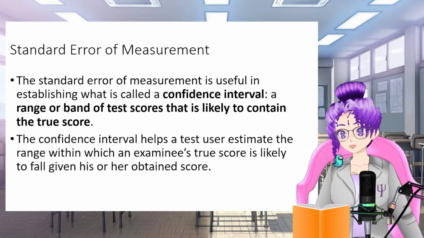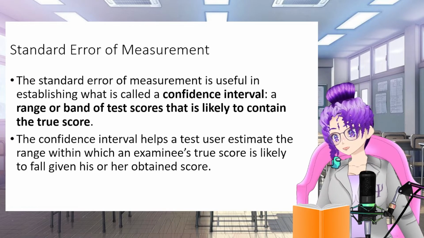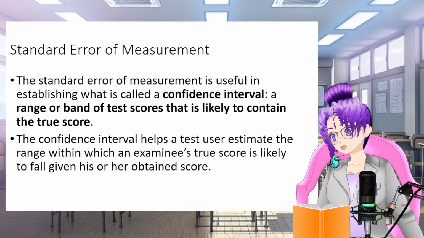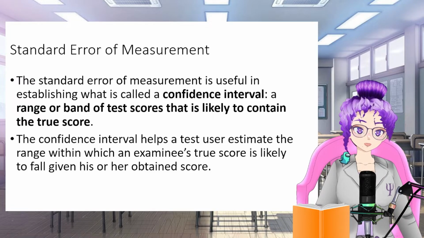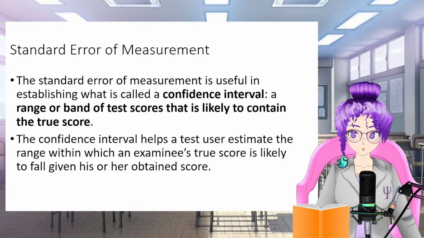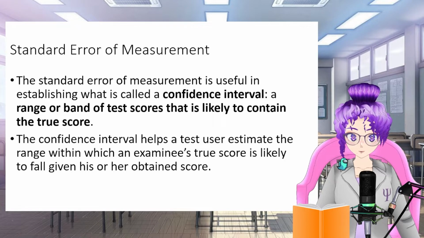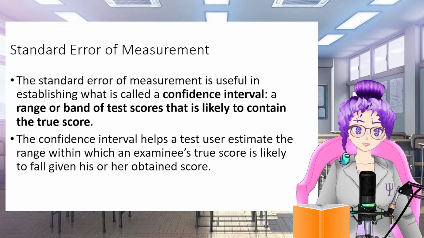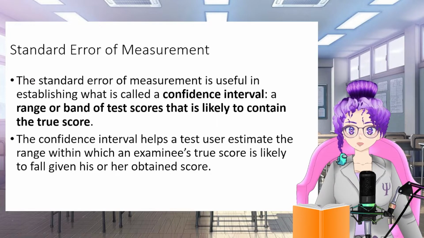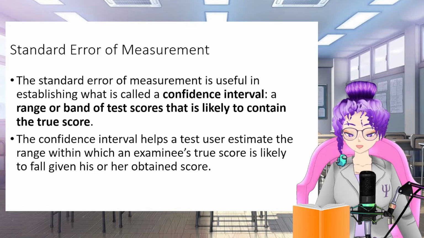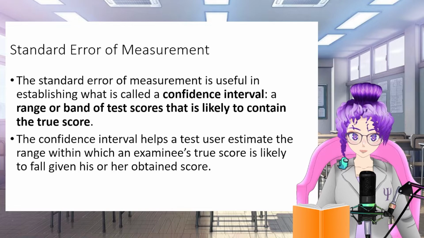It helps the test user estimate the range within which an examinee's true score is likely to fall given his or her obtained score. We don't really know exactly the true score, we only estimate it. So using the confidence interval, we can estimate how near the true score of our clients is when compared to the observed score.